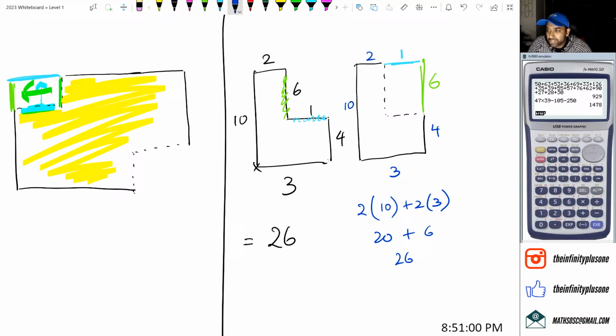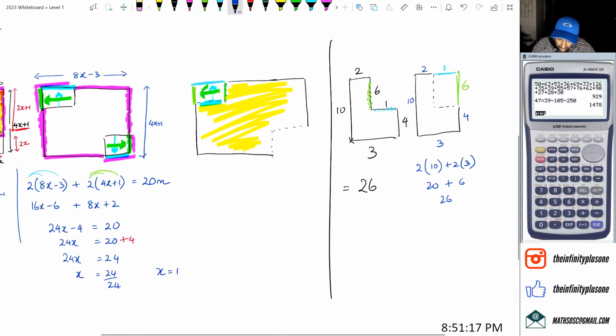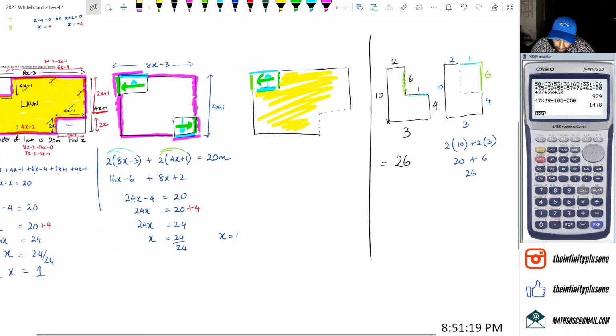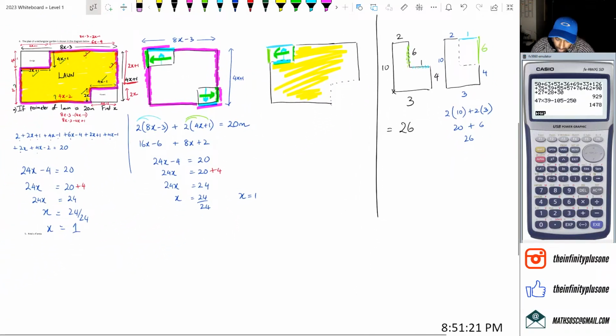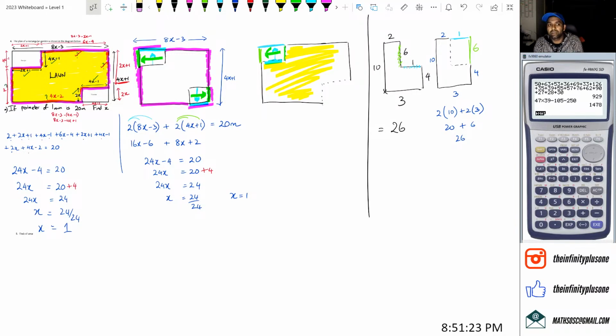Yeah, pretty much, Kavish. What you're doing is just shifting those lines to make that into a nicer rectangle. Natalia, the follow-up for this question is not going to be, given an area, find x, because we've already figured out what x is. I've got a different type of question, but I want to ask you guys, is there any other question with the perimeter of this shape?